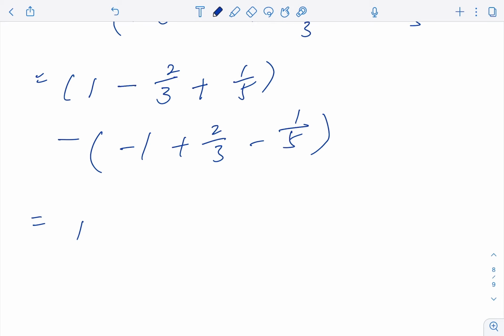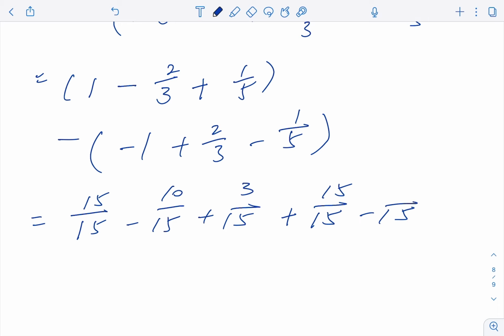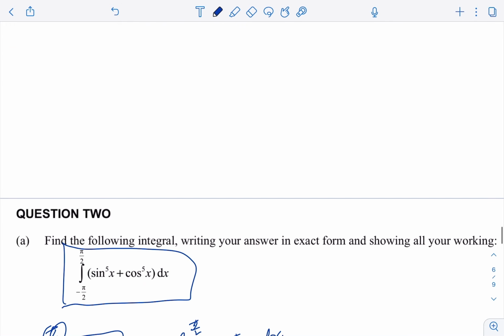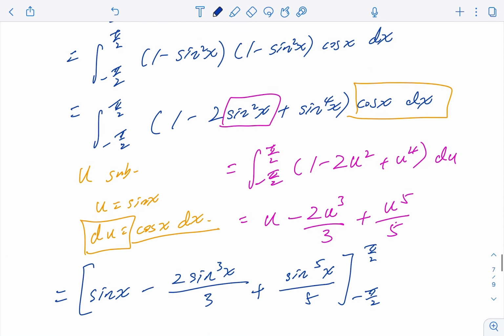We've got 15 minus 10 plus 3, that's 8 over 15, twice, so 16 over 15. That's question 2A. Done.